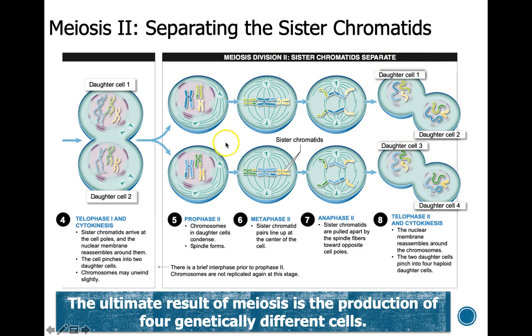In this round of division, we are going to separate our sister chromatids, which, if you recall from mitosis, was the point. So again, we line up along the metaphase plate, separate during anaphase, and end up with 2 daughter cells. Now, the ultimate result of meiosis is the production of 4 cells, each of which is genetically different from each other.